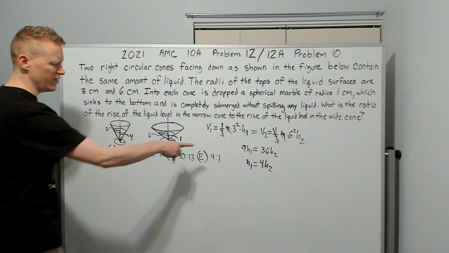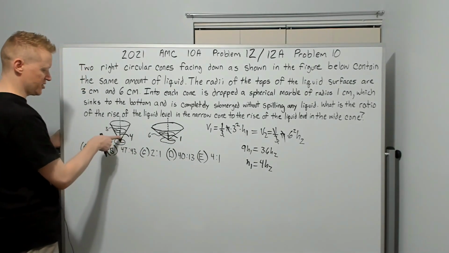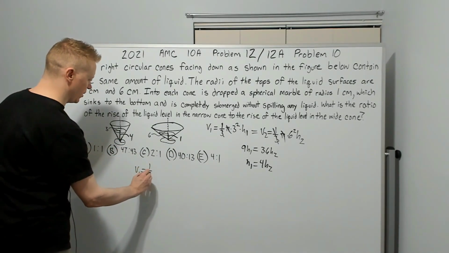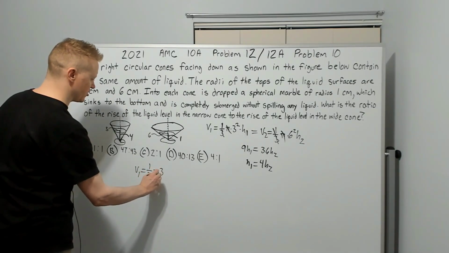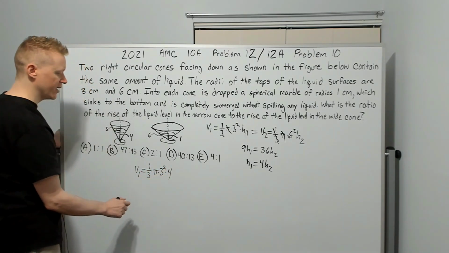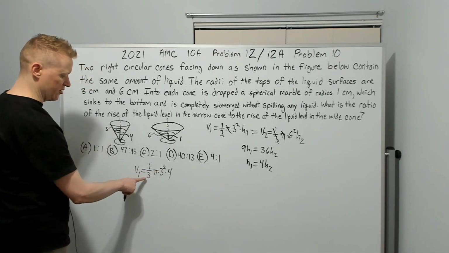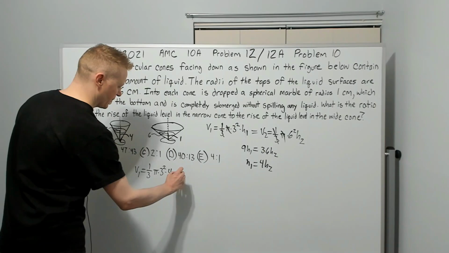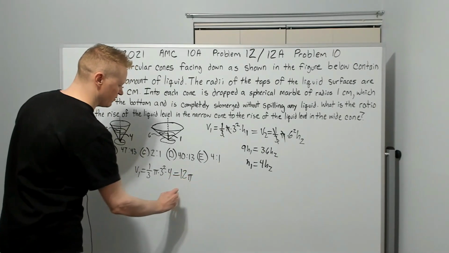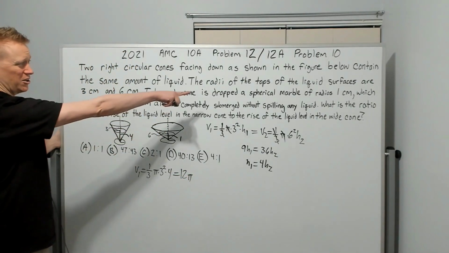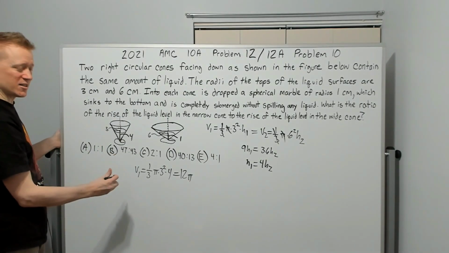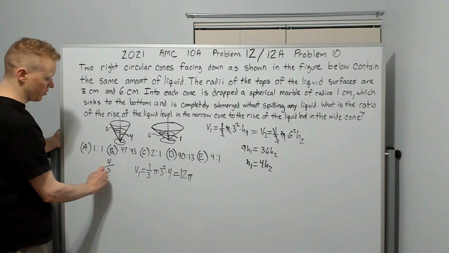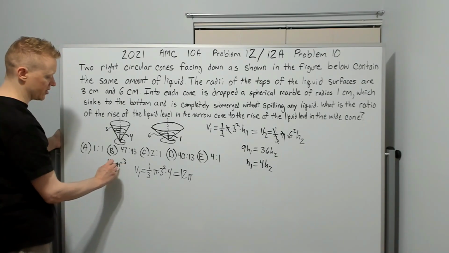And so our previous volume, now that we've assumed the height is 4, our volume 1 will be 1/3 pi times 3 squared times 4, or 9/3 is 3 times 4 is 12 pi. So 12 pi is our volume 1. And to that volume, we're going to add a marble with radius 1. Now the volume of a sphere, which is what a marble is, is 4/3 pi r cubed.